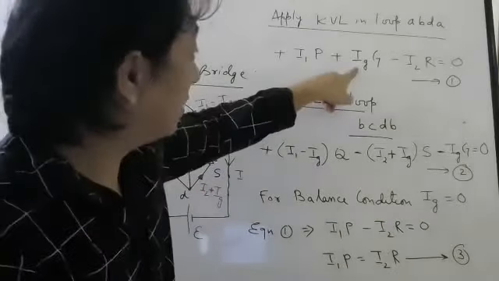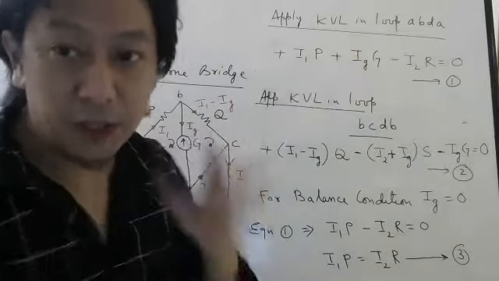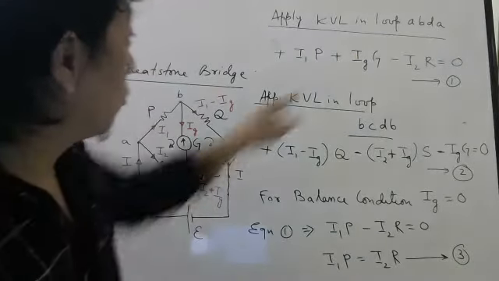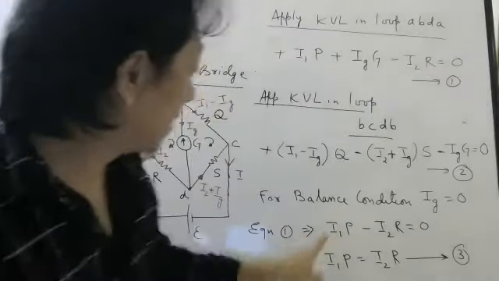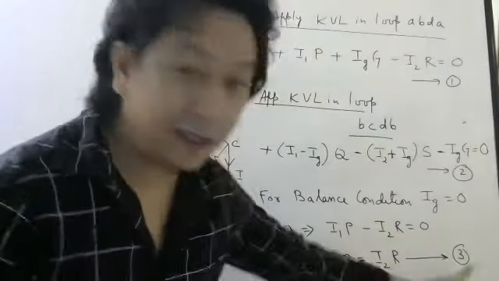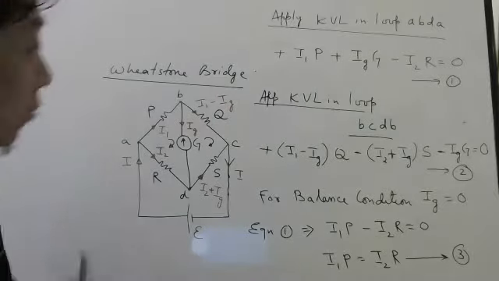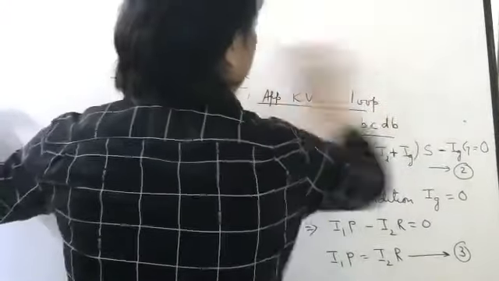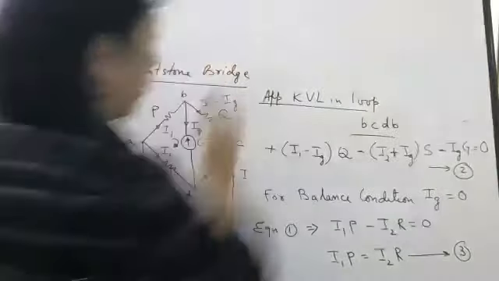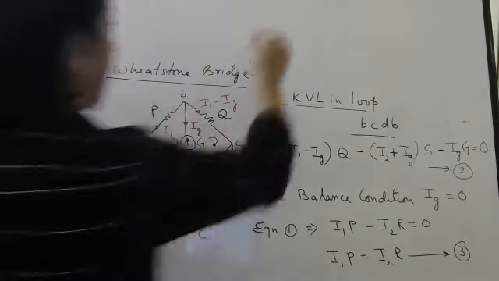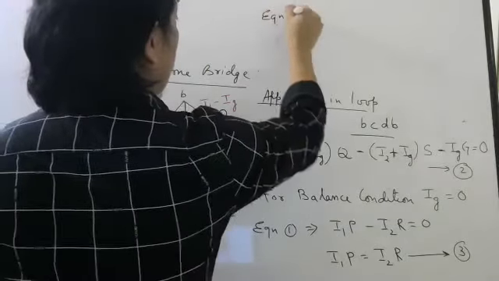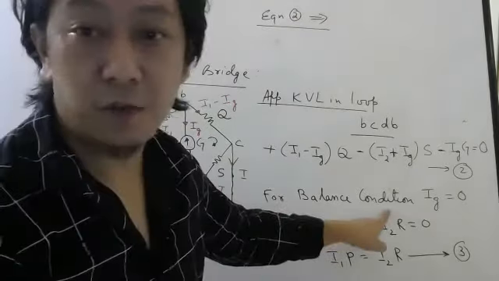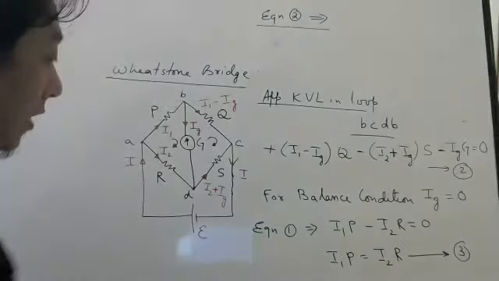So put Ig 0 in the first equation so that you can find the condition for balance. Once you put Ig 0, this equation becomes like this. Take this one that side and make it equation 3. Now tell me what will happen to equation 2 when the circuit is balanced, which means Ig is 0. What will you get?